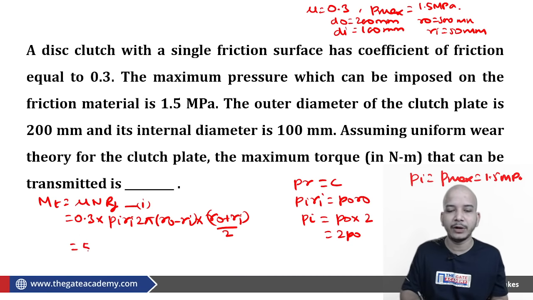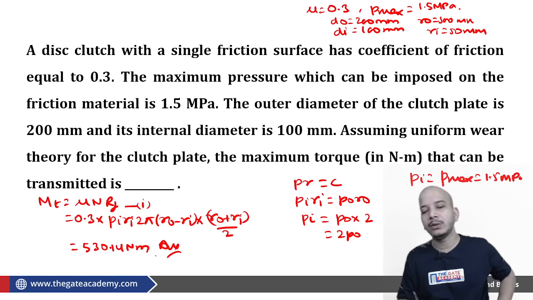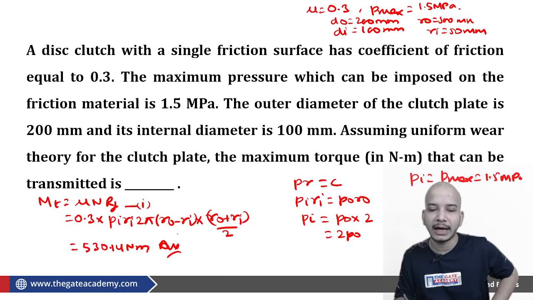This will be 530.14 Newton meter. So this is something you can calculate after substituting the values of Ro, Ri, and PI.